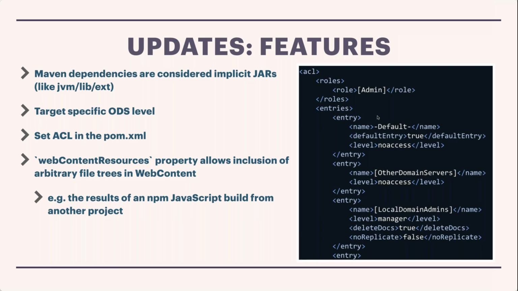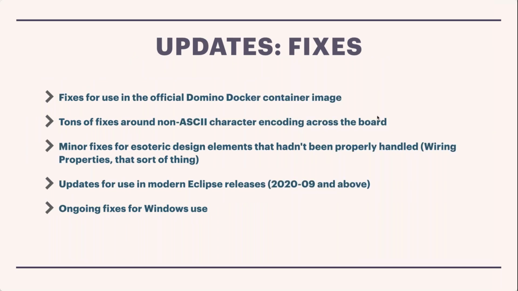So I have an NSF that's just a shell, and I say point the web content resources to the build results of that, which are also built as part of the Maven build, and it all comes through. None of that exists in the ODP by default, but then the NPM project is built, and I end up with an NSF with a bunch of design elements. So that all happens nice and smoothly.